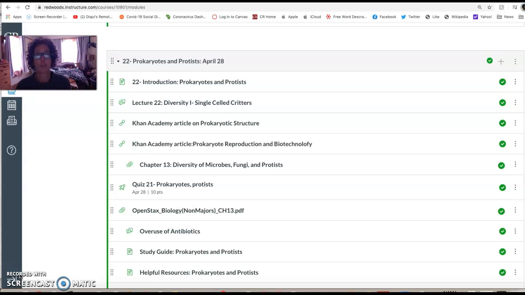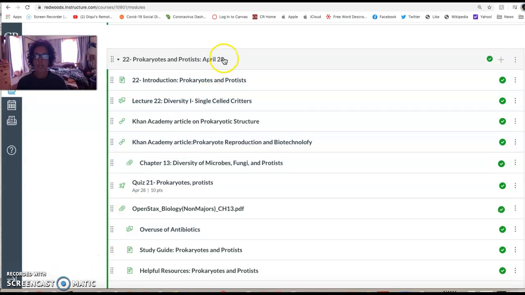So I just wanted to go through what's up this week, the penultimate week of classes, and keep everybody understanding what they've got to do. So for Tuesday the 28th, we've got prokaryotes, cells that do not have a nucleus, and protists, which are among the simplest of the cells that do have a nucleus, eukaryotes.